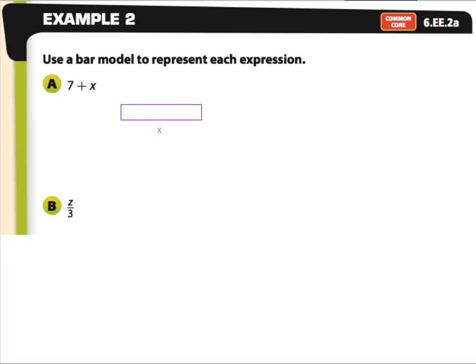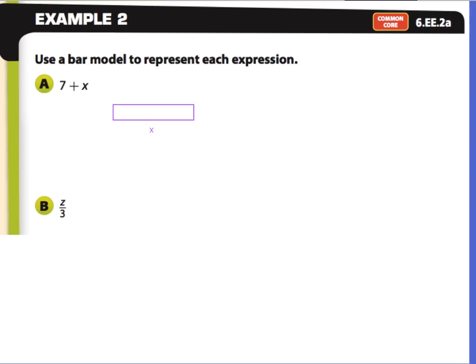Okay, and then the next thing that I am going to do is make my squares. And I'm adding 7 squares to the x. Now typically, if you can't make it different colors, what you would do is make the lines dashed.